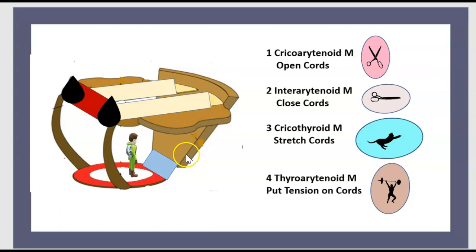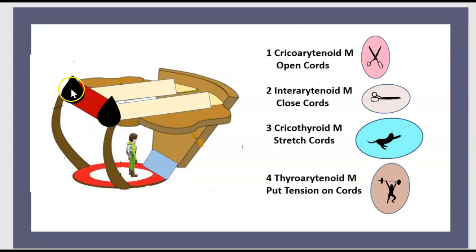This is the thyroid cartilage, arytenoid cartilage, and cricoid cartilage. This little boy is looking at the thyroid cartilage. Between the cricoid cartilage and arytenoid cartilage, there is a muscle, and the muscle is the cricoarytenoid muscle.